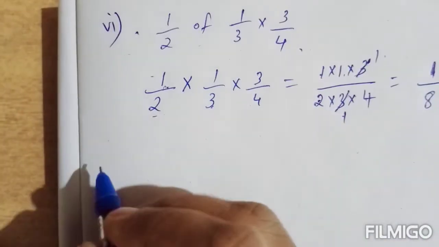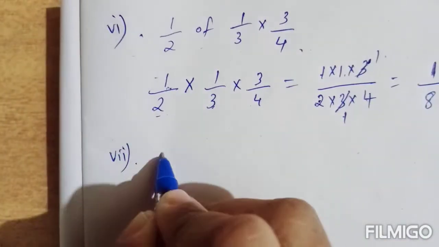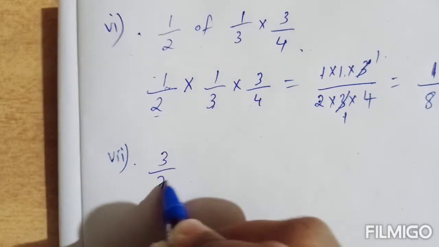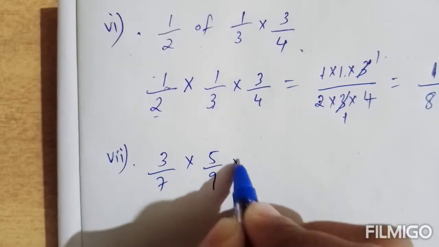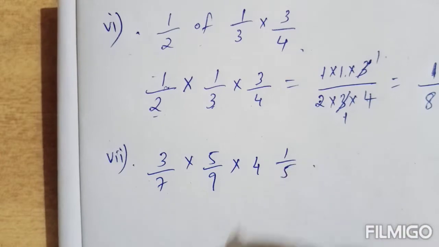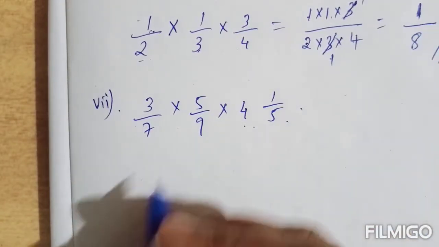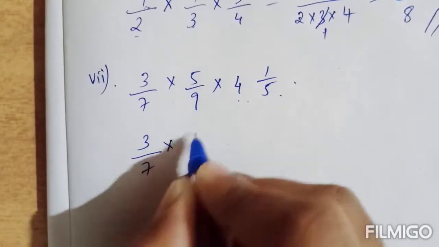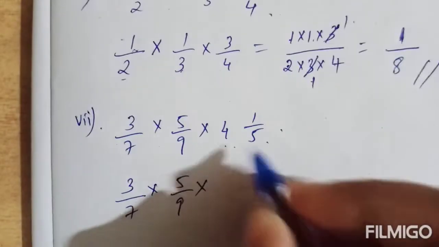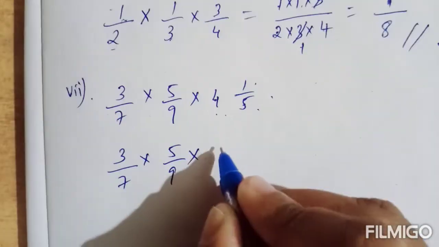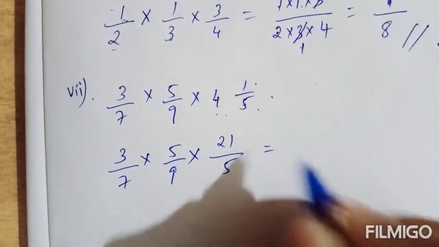In that 7th one, 3 by 7 into 5 by 9 into 4 1 by 5. So first convert this 4 1 by 5 to an improper fraction. 3 by 7 into 5 by 9 into 5 into 4, 20, 20 plus 1, 21 by 5.